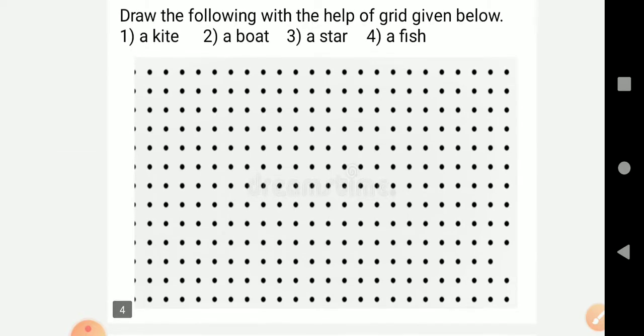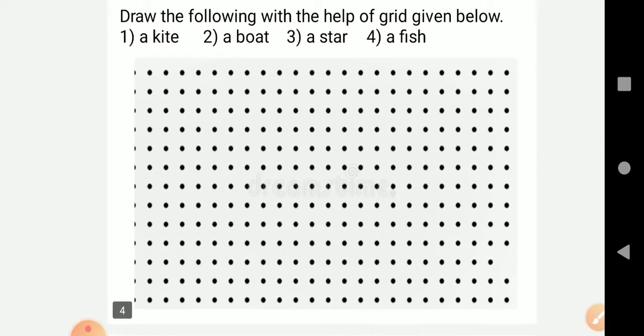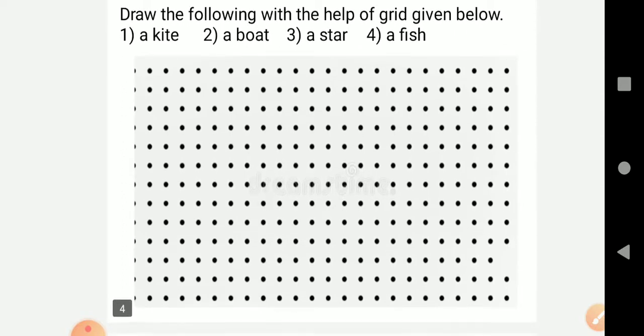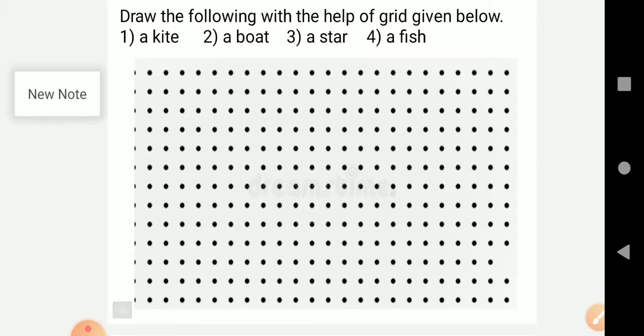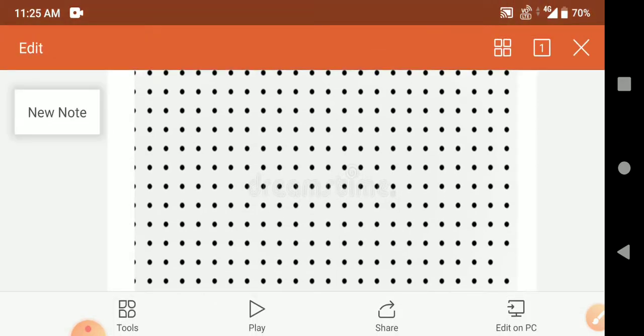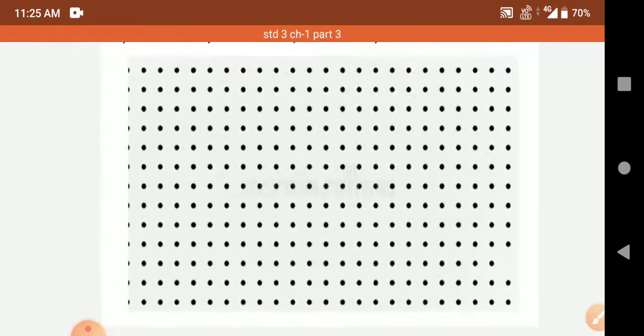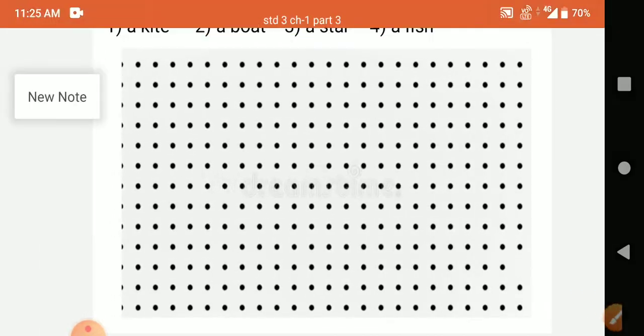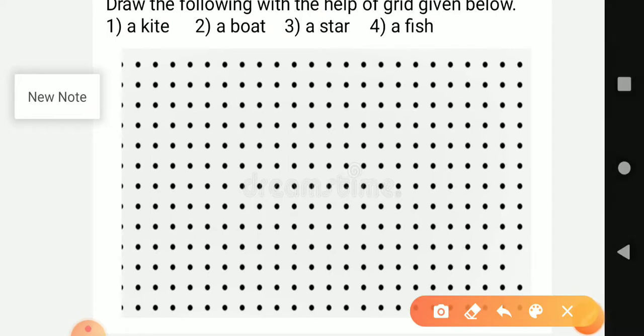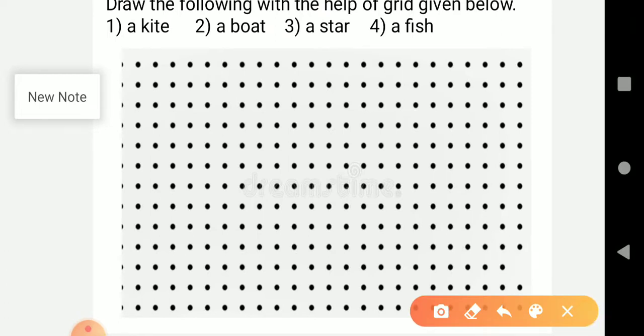Here draw the following with the help of grid given below. First one, a kite. Second, a boat. Third, a star. And fourth, a fish. Okay, so I try to draw the first picture. Okay, how to draw a kite? Look at the picture.